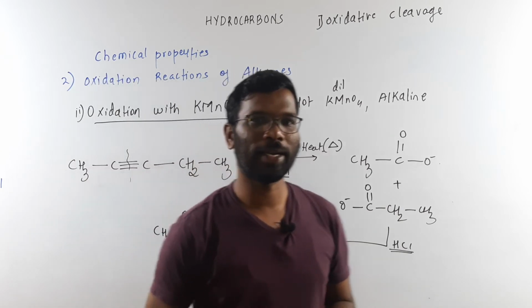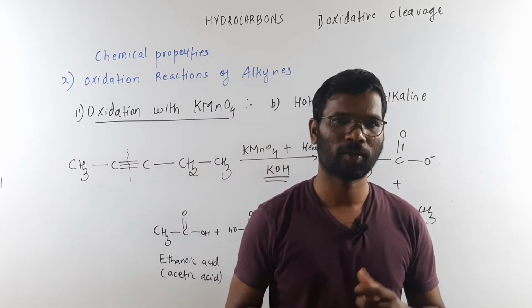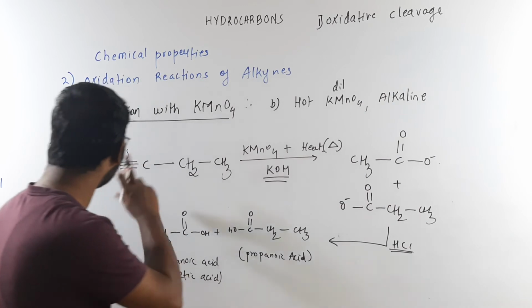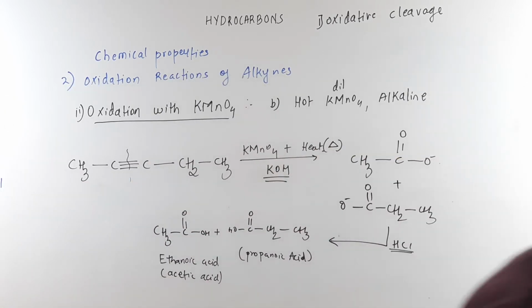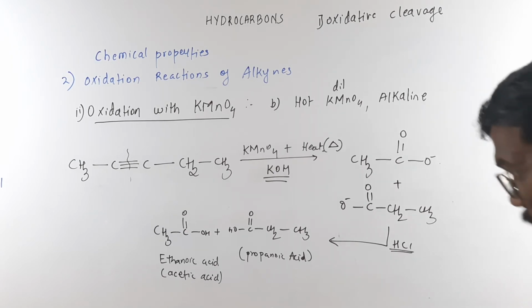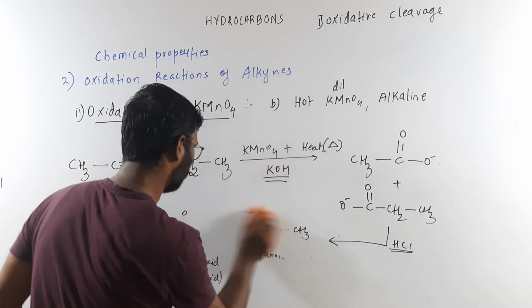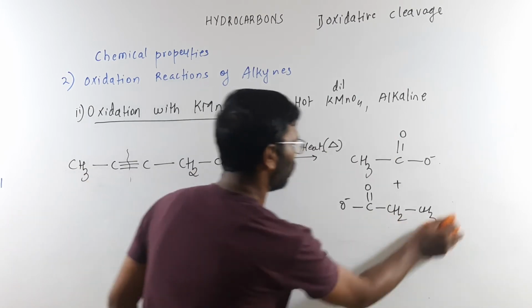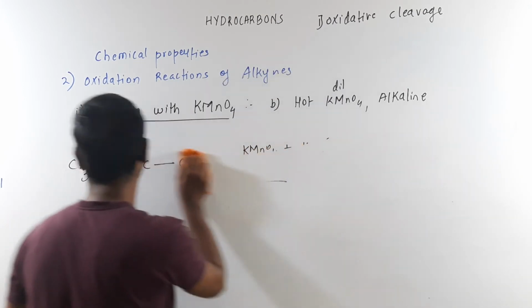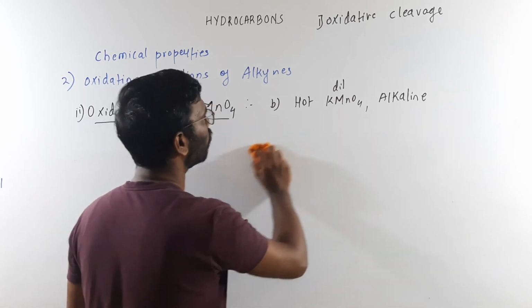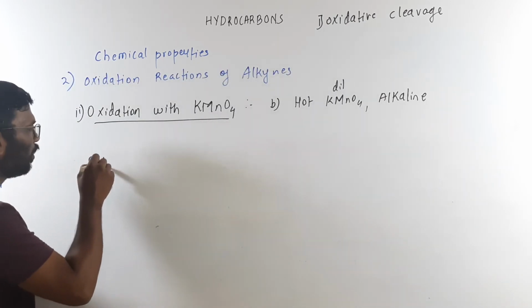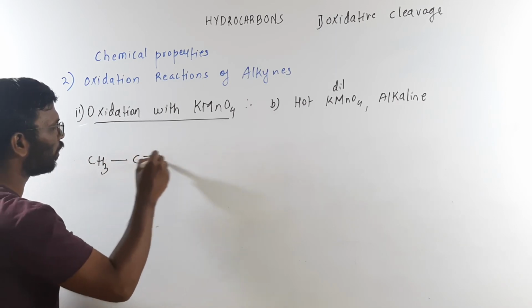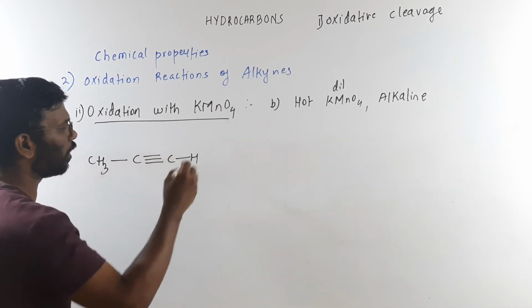Now let us understand what the product will be if we consider a terminal alkyne. I'll take this example, CH3, C triple bond CH. This is a terminal alkyne.